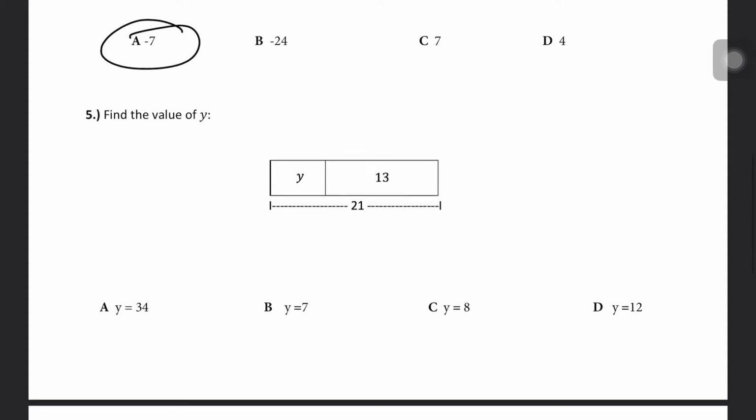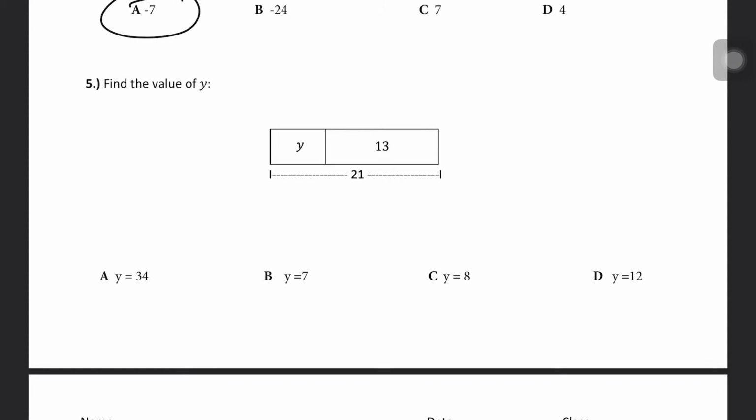Number 5, same thing. My first rectangle is equal to the measurement in the bottom. So equals 21. That means that y plus 13 equals 21. So let's find the value of y.